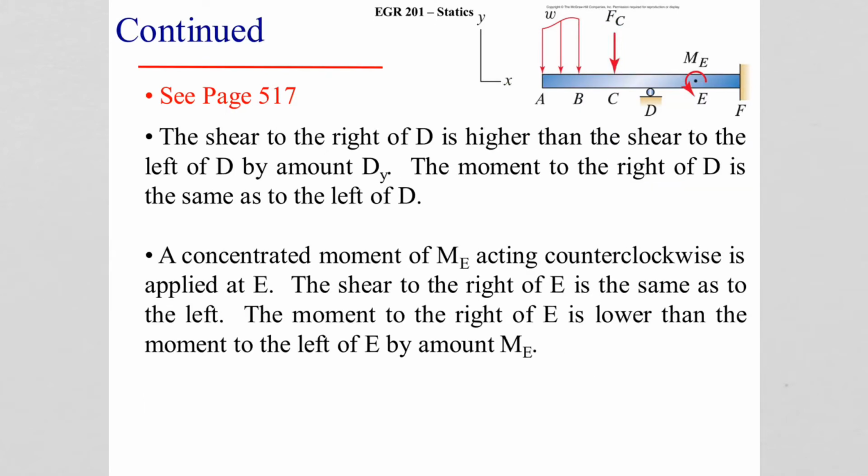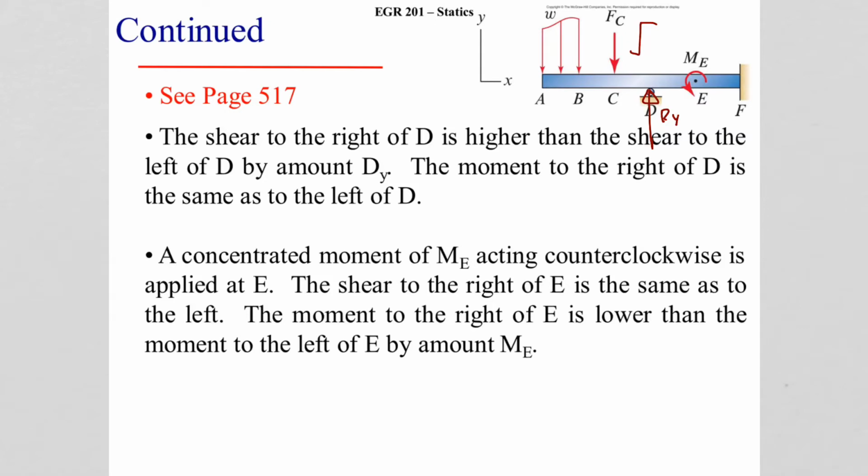Continuing across, the shear to the right of D, where we know we'll have some reaction force at D, will be higher by the value of this F sub D. It will jump up at that location. And then again, the moment will be the same on either side.